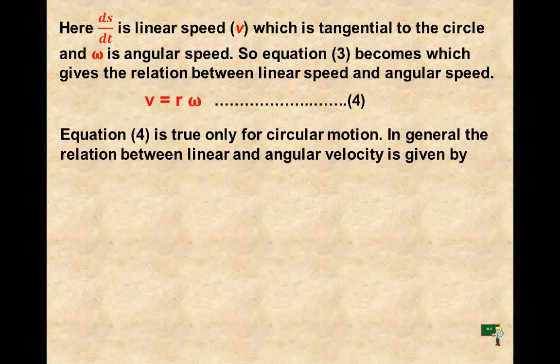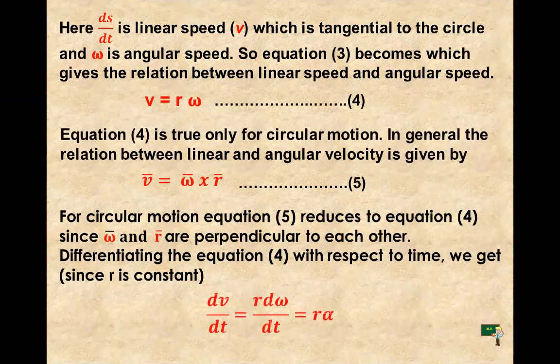In general, the relation between linear and angular velocity is given by v vector is equal to omega vector cross r vector. For circular motion, equation 5 reduces to equation 4, since omega vector and r vector are perpendicular to each other.